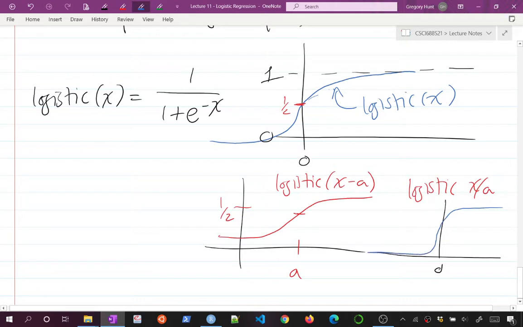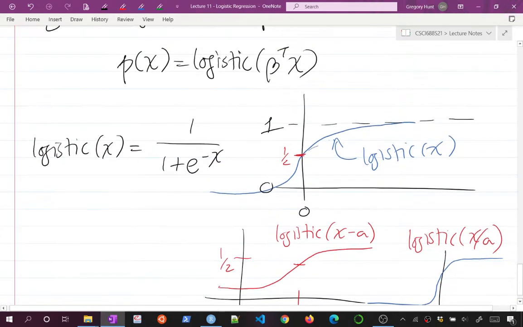You can make it really sharply do that, or you could make it really slowly do it. I'm not very good at drawing pictures here, you can tell. But you can combine all these things, and that is basically what we do here by allowing not just a logistic of x, but logistic of beta x, and you can move it around, stretch it, and squish it. And so it allows you to very flexibly model over the x space here, right?